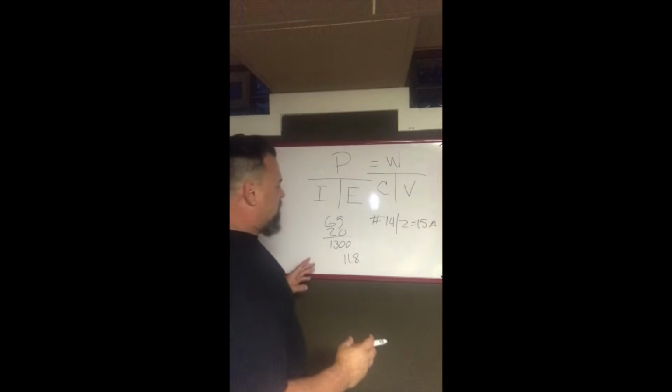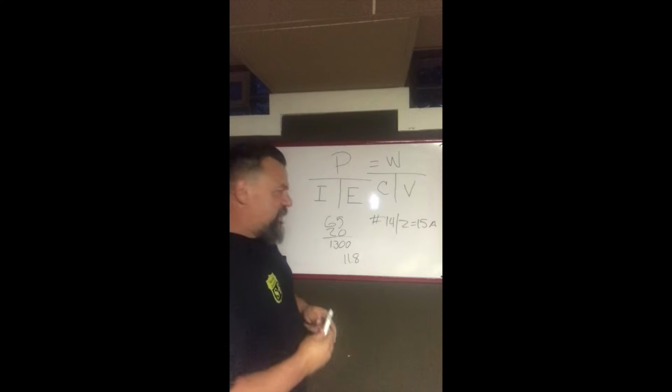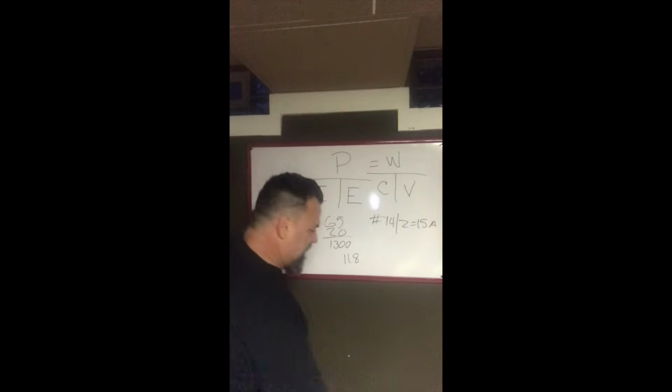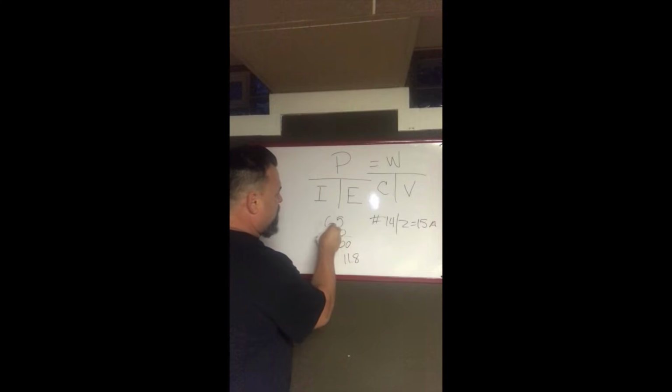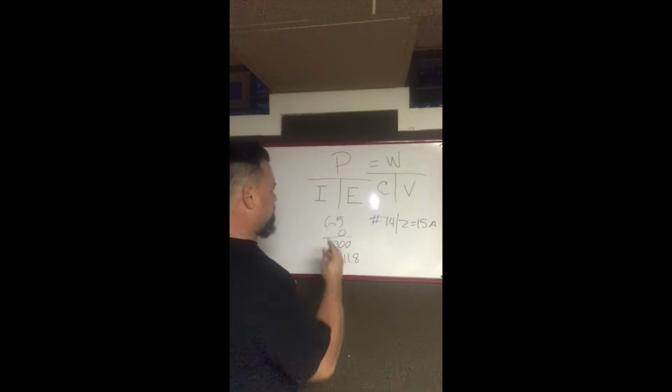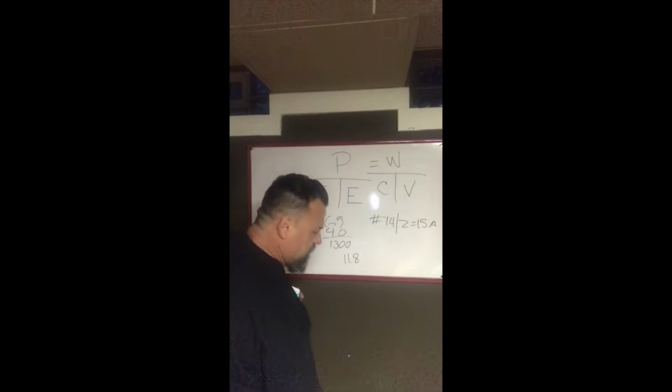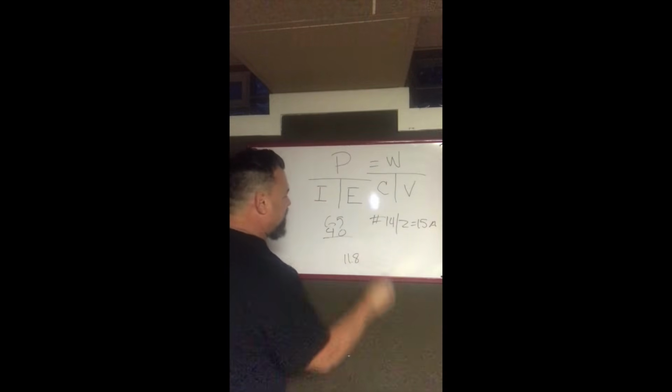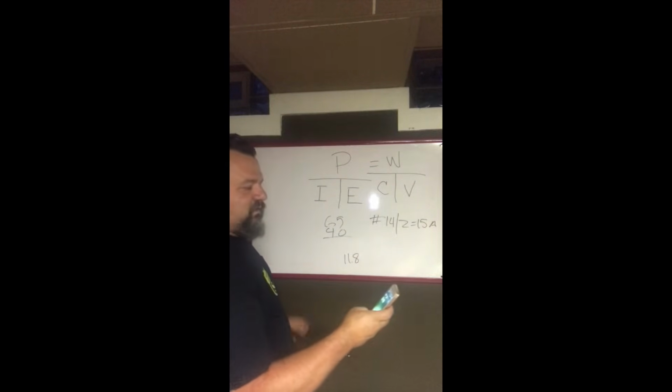That'd be 15 amps. Now, let's say you had more than this. Let's say you had 40 lights at 65 watts. So here we go.